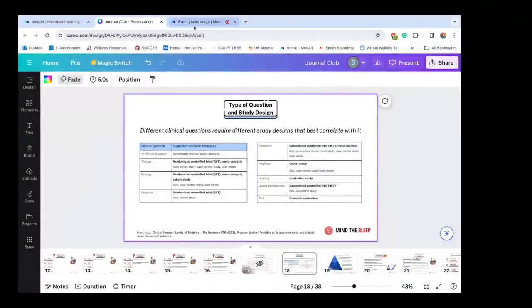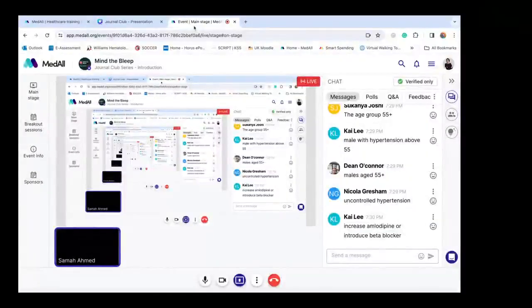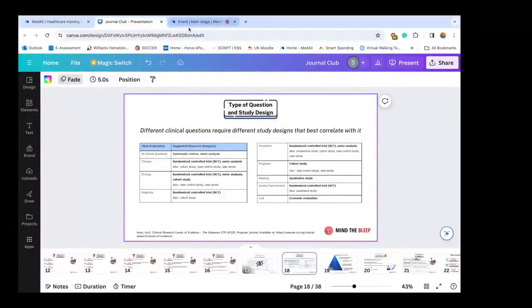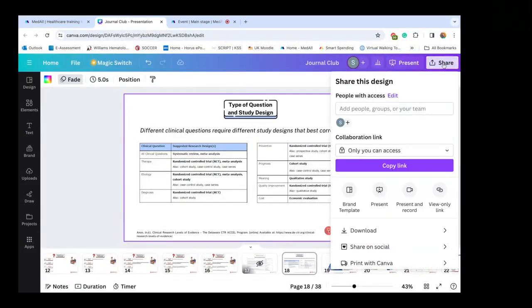What are we looking for? Therapy. Yes, very good. Exactly, therapy. So based on that, we would want to do a systematic review, a randomized control trial, or a meta-analysis. Yeah, so we can use one of those.